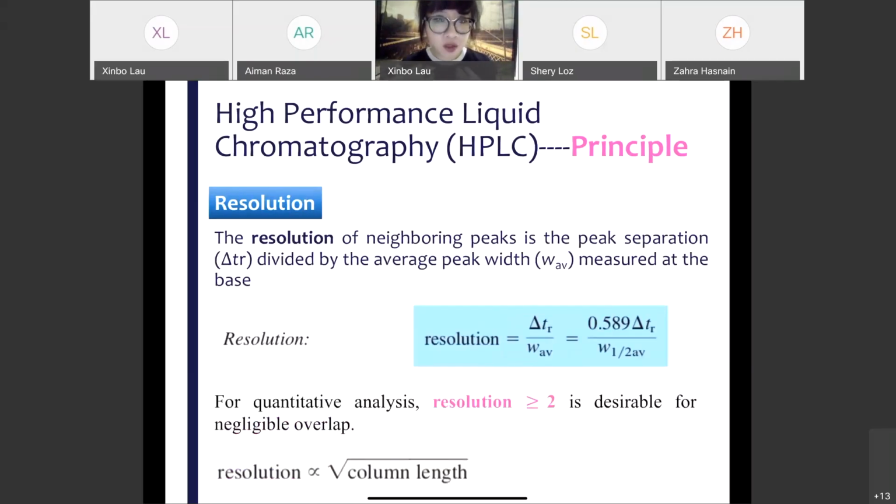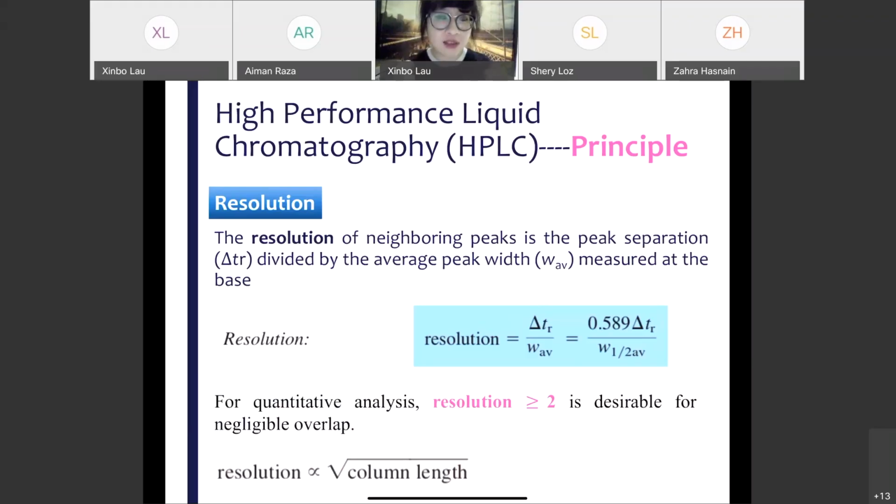And then resolution. Resolution is the separation between neighboring peaks divided by the average peak width measured at the base. So basically, you get a separation for the sample, and we want the resolution to be good. You want the two peaks to be separated.